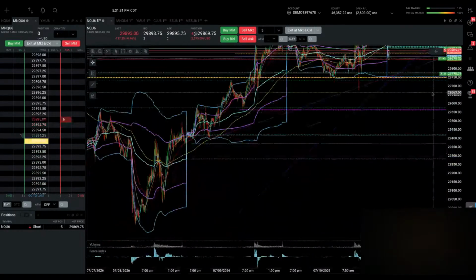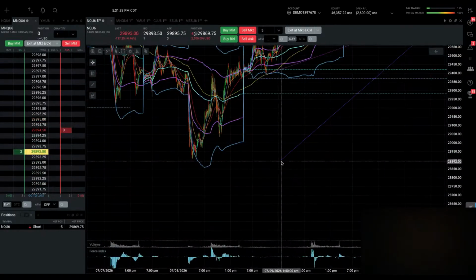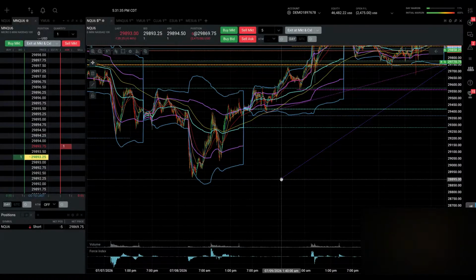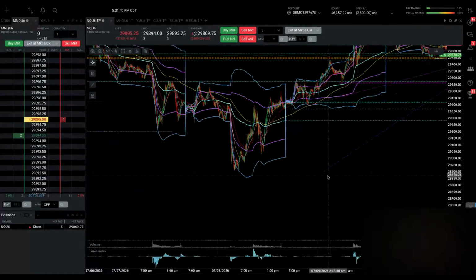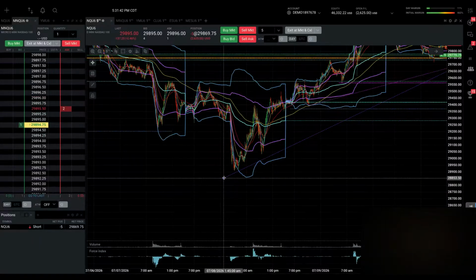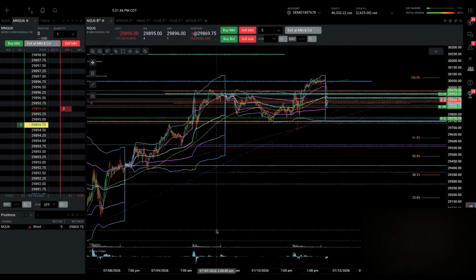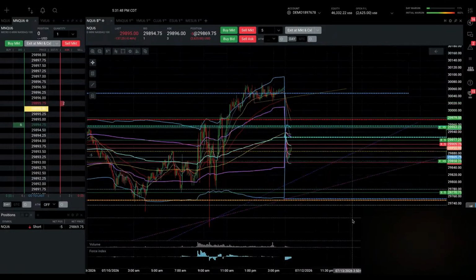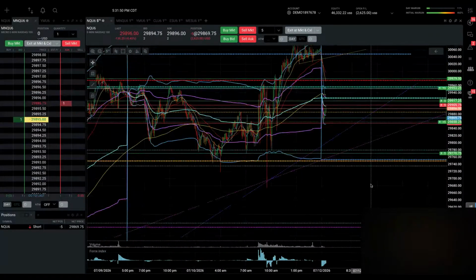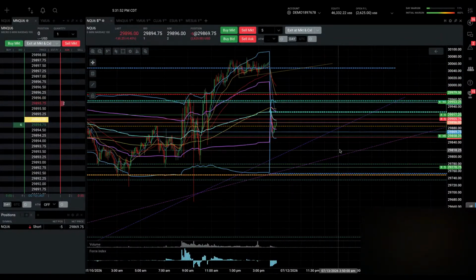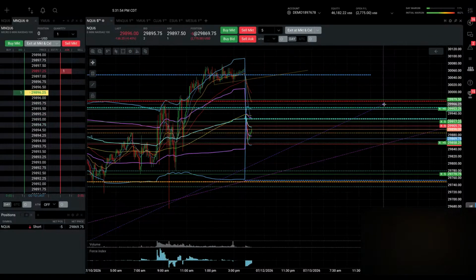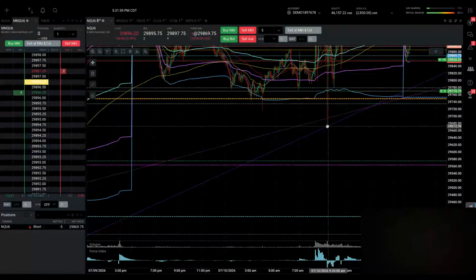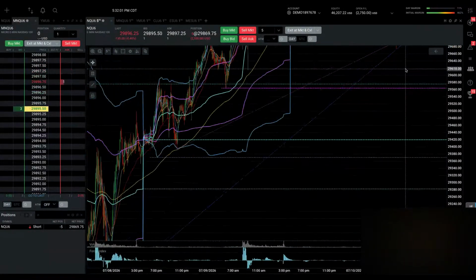All right, now what we want to do is see if we can find something that makes sense using this trend line here. We'll use it off the bottom of this wick.